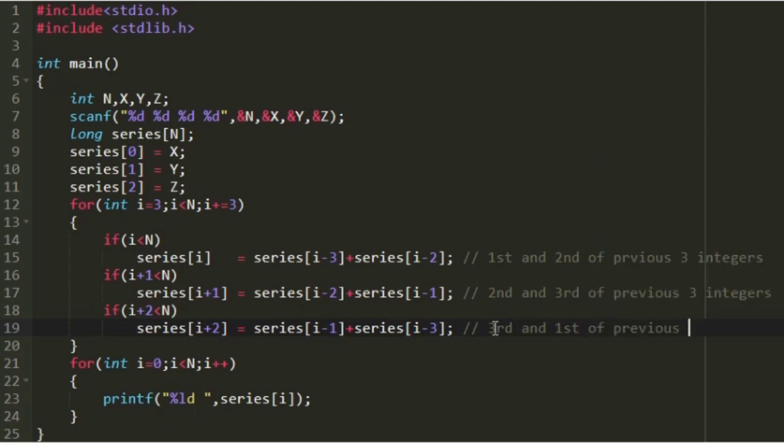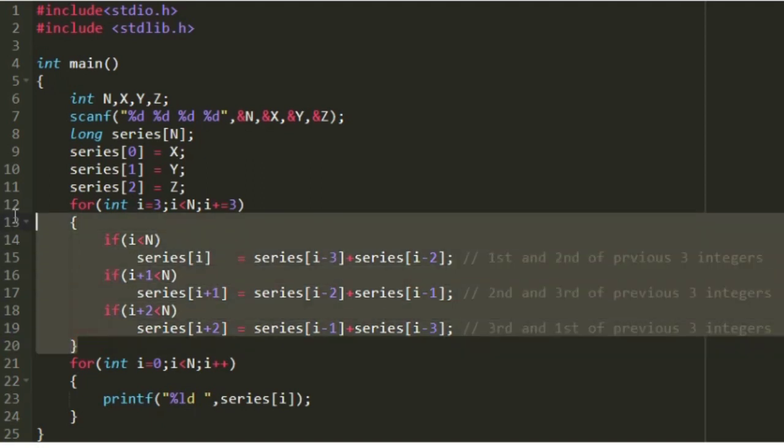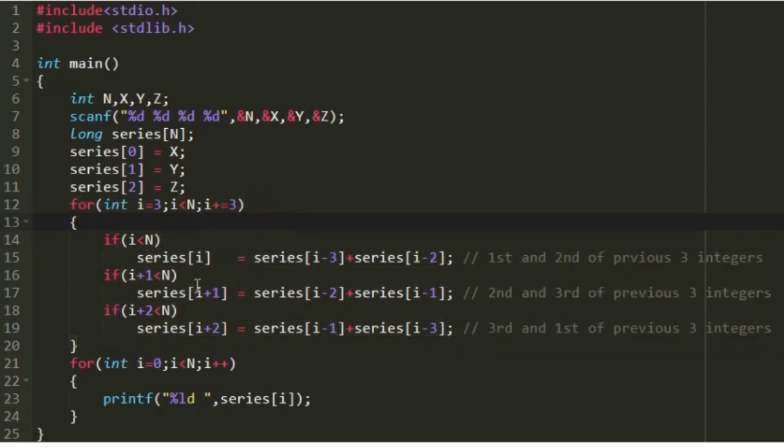So in every iteration of this loop, using the values of the previous three integers, if it is possible, we are forming the next three integers and storing them into this series array. And in the next iteration of this loop, the new values will be used to form the next three integers.